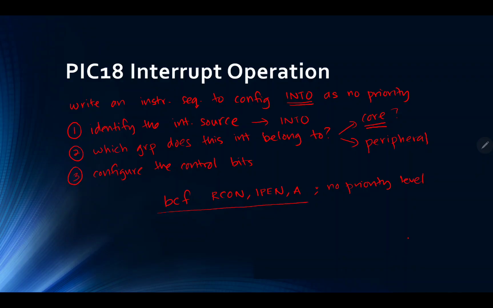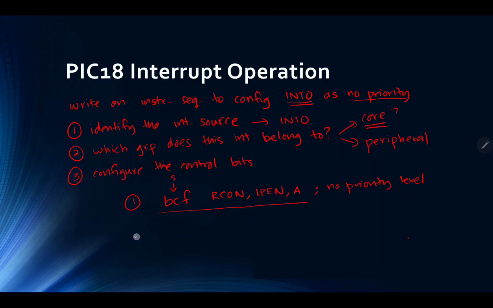Whenever you want to do the interrupt configuration, you always configure the priority level first. This is standard procedure. In most of the questions, it will always ask for a priority level, so this part will always be BSF, but in this case it says no priority, right? So we'll do that.